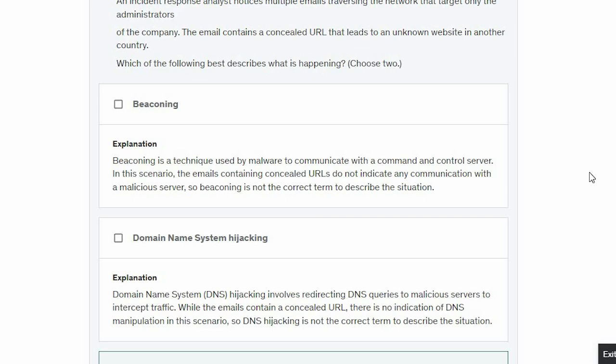Answer number 1 or A, beaconing. Beaconing is a technique used by malware to communicate with a command and control server. In this scenario, the emails containing cancelled URL do not indicate any communication with a malicious server. So beaconing is not the correct term to describe the situation. Beaconing is the wrong answer for this scenario.